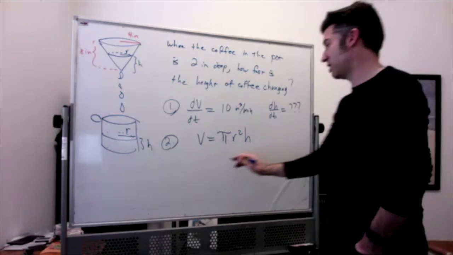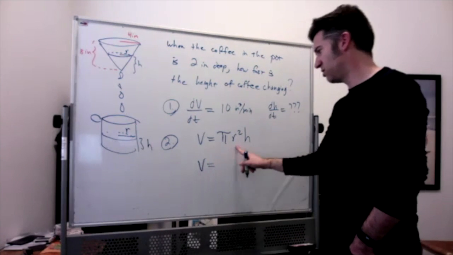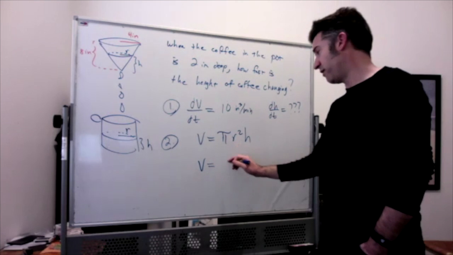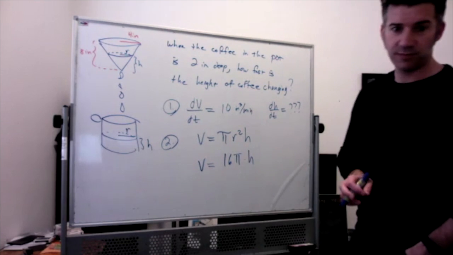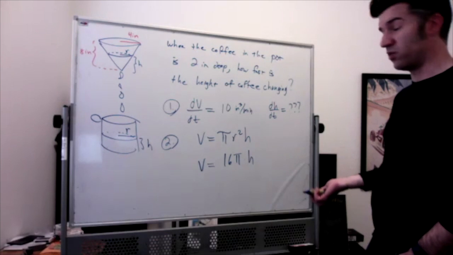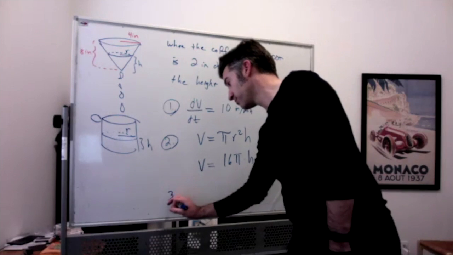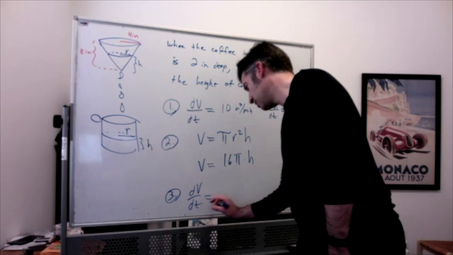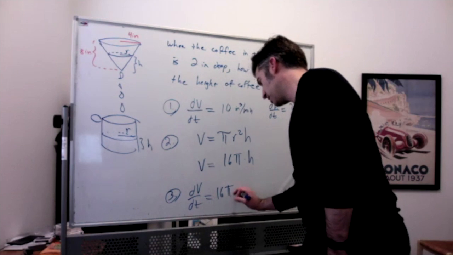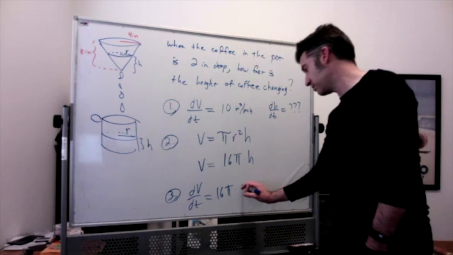So here we can just say, oh, the volume is just 4 squared is 16. The volume is just 16 pi times h. And now if I take the derivative of both sides, I get dV/dt equal to 16 pi times dH/dt.